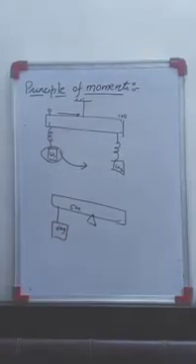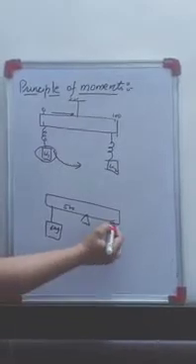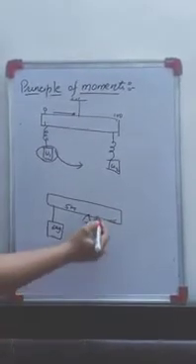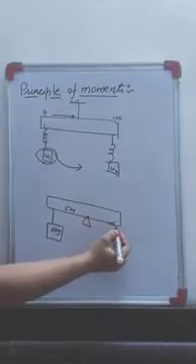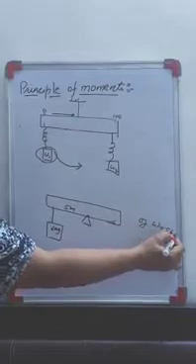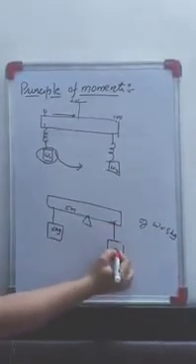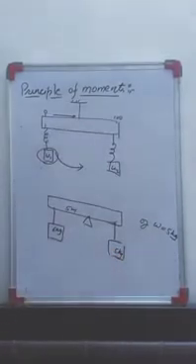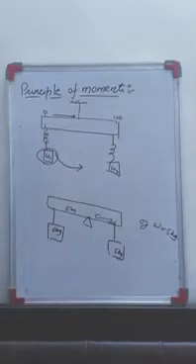Then at what distance should another child, having a weight of 5 kg, sit to make it horizontal?